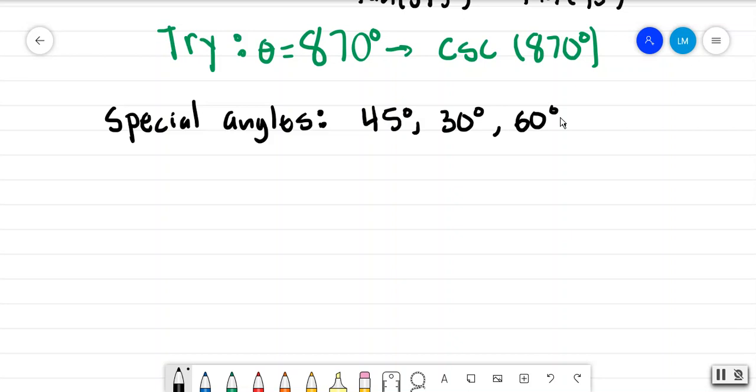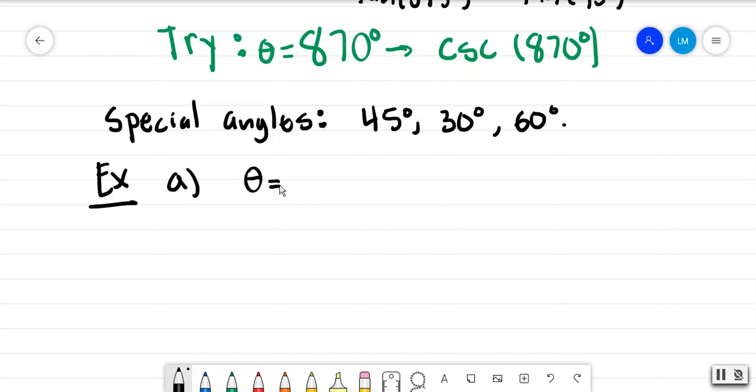Okay, so let's say that we try the following angle.